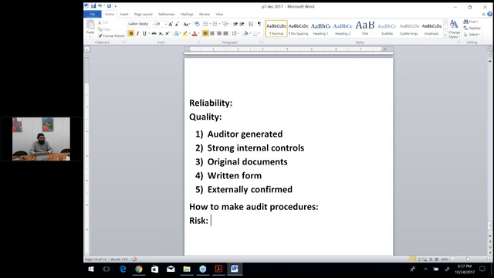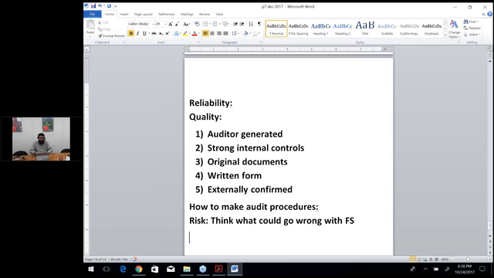A very simple approach to identifying it is to think what could go wrong. So the way of making the audit procedures is to first identify the risk. When you identify the risk, you think about what could go wrong with the financial statements.